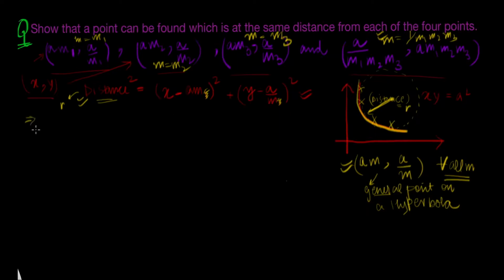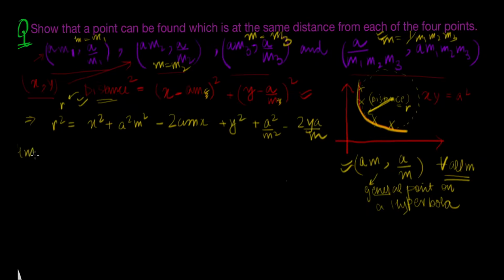And we can simplify this equation as r squared equals x squared plus a squared m squared minus 2amx plus y squared plus a squared by m squared minus 2ya by m. We can make this a function of m, like so.